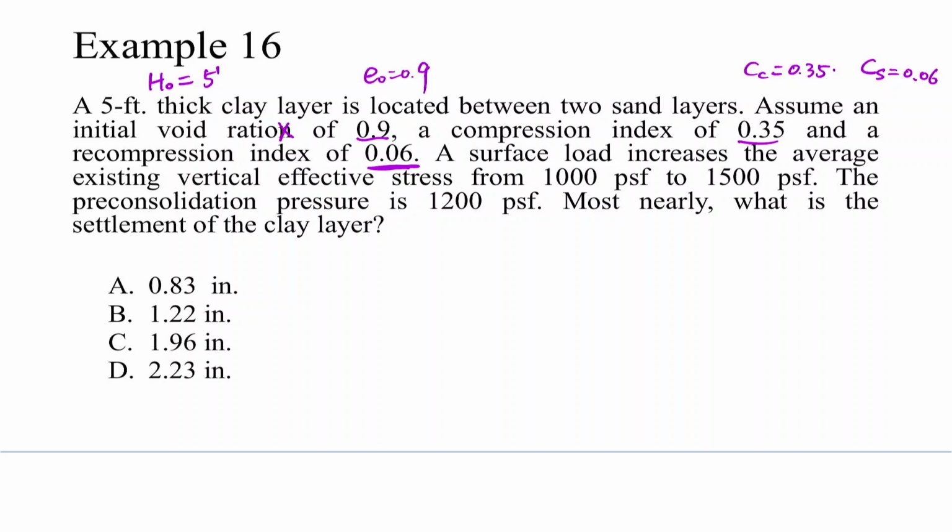Sometimes we use C sub R. The R is for rebound, but they are pretty much the same thing. And we have the vertical effective stress increase from 1,000 to 1,500, but we also have the pre-consolidation pressure is 1,200, something between. So asking for the settlement of the clay layer.